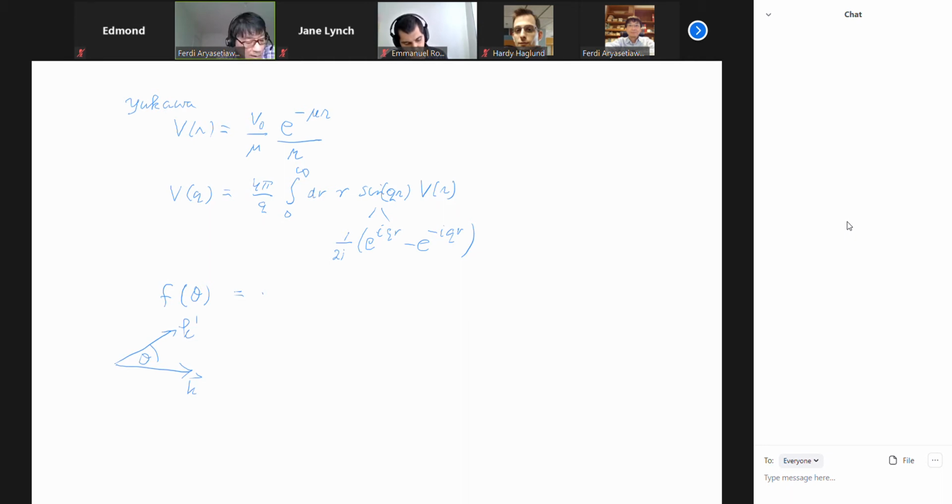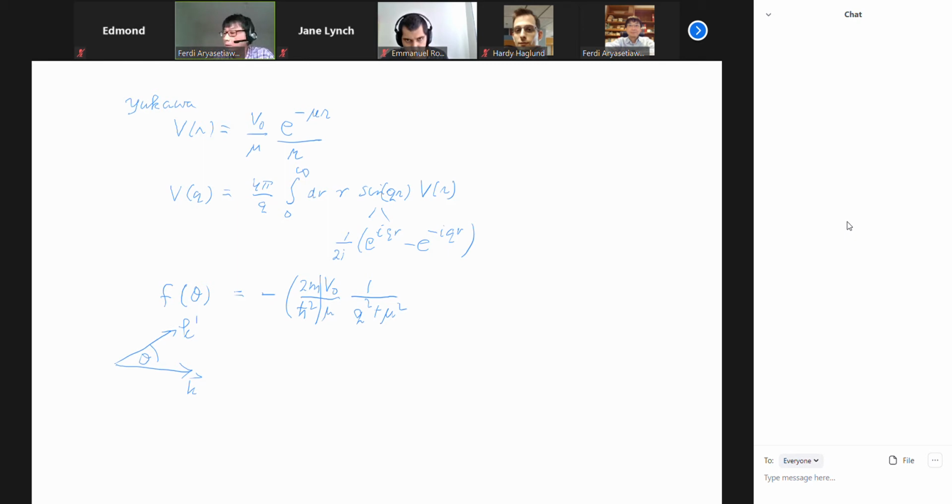So that becomes, divided by h bar squared. Maybe I should separate this, mu squared. So that's the scattering amplitude for the Yukawa potential.